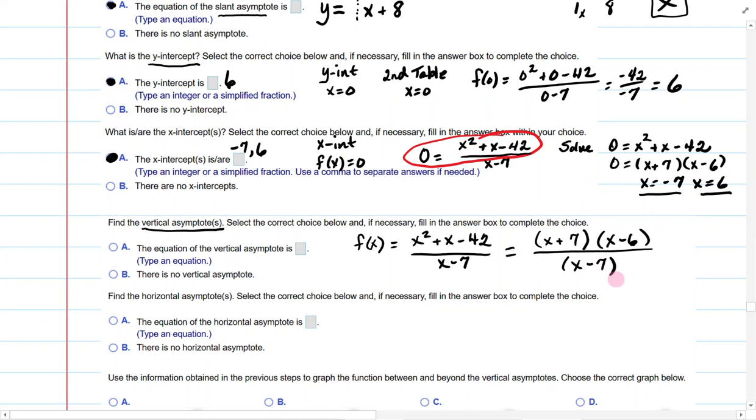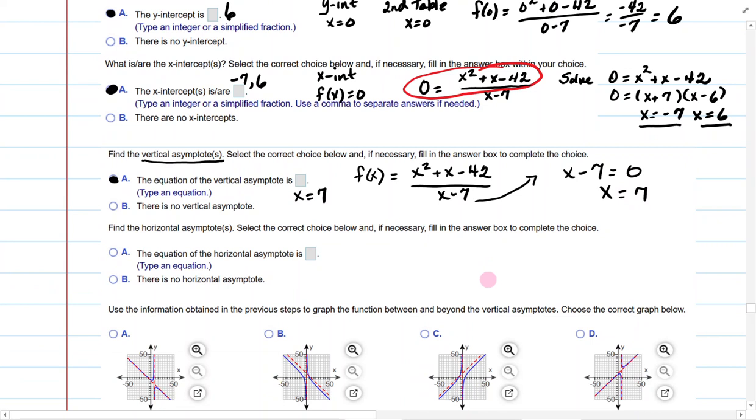There's nothing to divide out, so there are no holes, and all I need to focus on is the domain exclusion that makes the denominator equal to 0. X is equal to 7. That is a vertical asymptote. X is equal to 7.